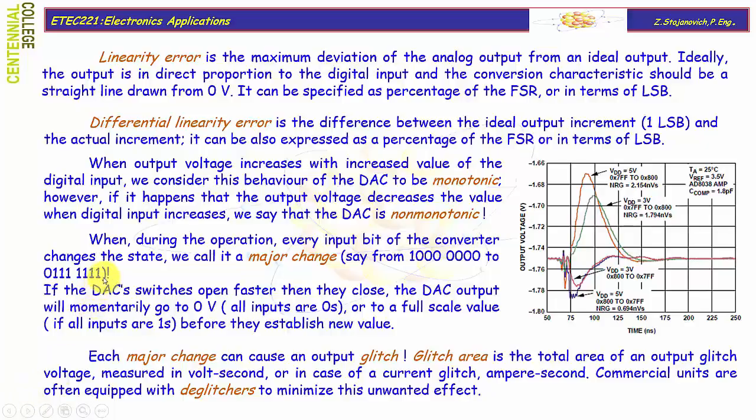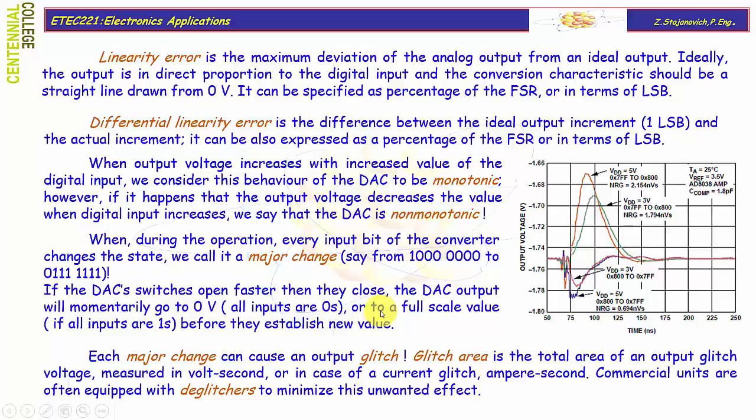We say that this is a major change because every single bit here changed its value. The problem is if the DAC switches open faster than they close, the DAC output will momentarily go to 0. So all inputs will go to 0 or to a full-scale value, all will get the value of 1 before they establish the new value. Each major change can cause an output glitch.